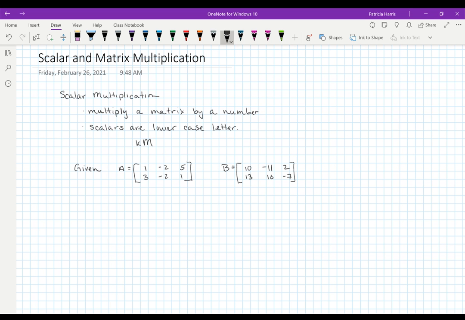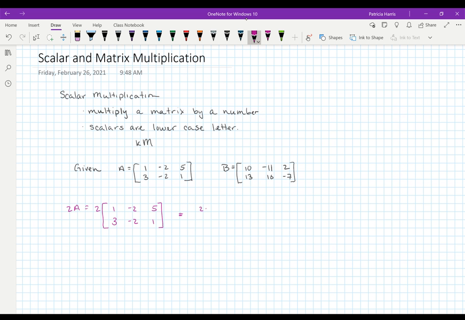You'll be given a couple of different matrices at the top, and then it'll say something like this, 2 times A. So what you would do is you write the scalar 2 on the outside of the matrix. Okay, and you literally multiply every entry in that matrix by 2.